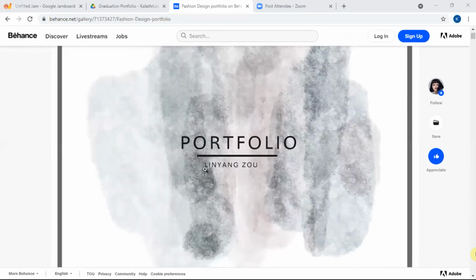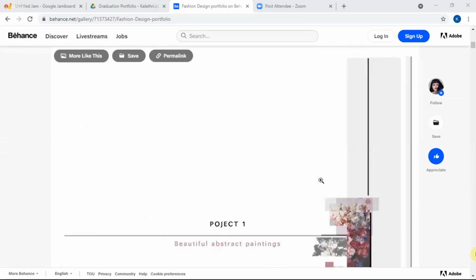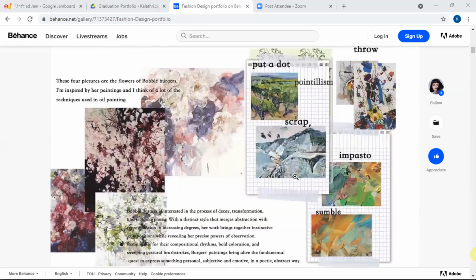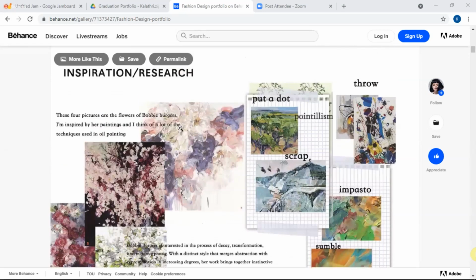This is a project. In this project, this is simpler than my hippie thing. This is inspired from paintings of a particular painter called Bobby Burgers or something.